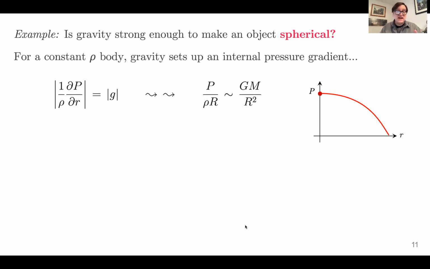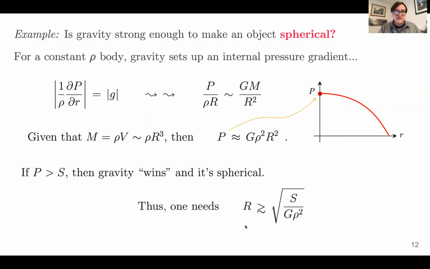I just take the actual terms, the actual magnitudes, and express them using back of the envelope order of magnitude analysis to figure out the units. A constant density object, like something made of rock or ice, is going to have a constant density, and it's going to have this quadratic pressure drop from the center to the surface.